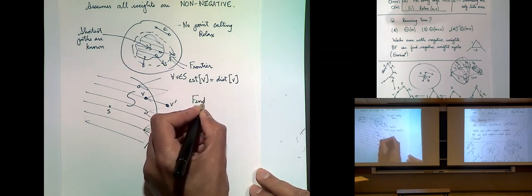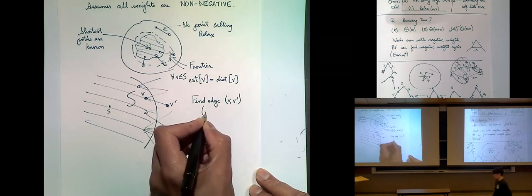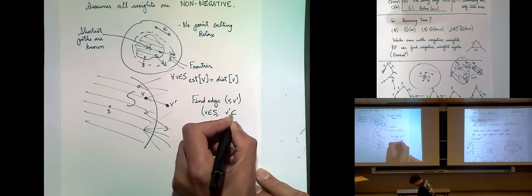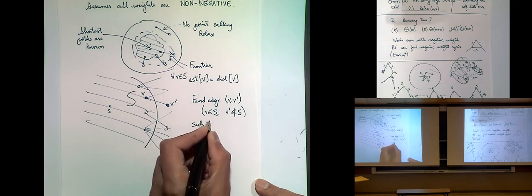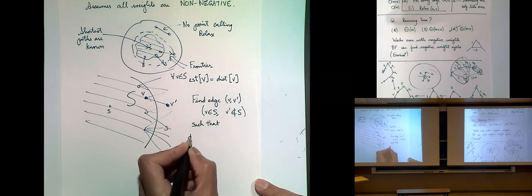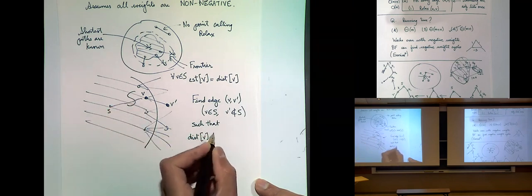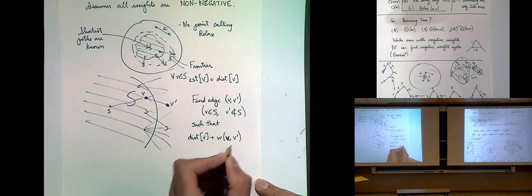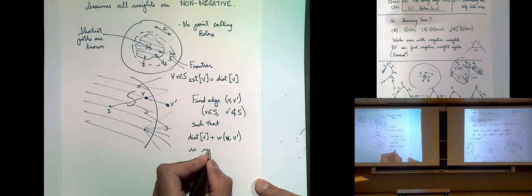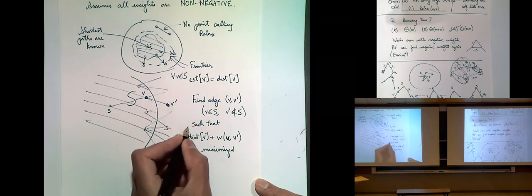Suppose I find an edge V, V prime. So V is in S, V prime is not in S, V is outside. So this is an edge crossing the boundary such that the distance to V, that's from S to V, plus the weight of V prime is minimized. So suppose I find such an edge.